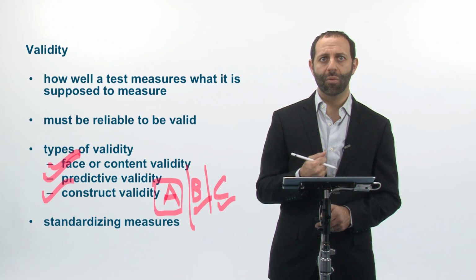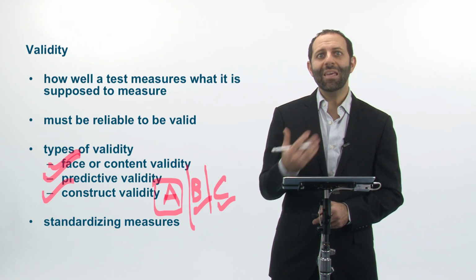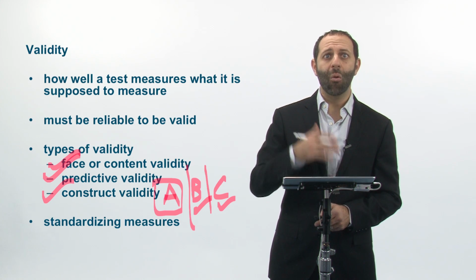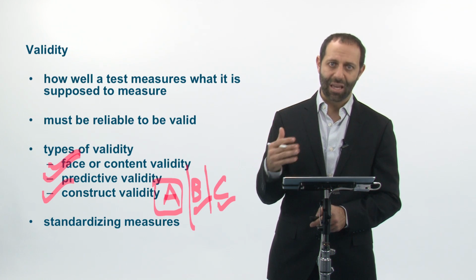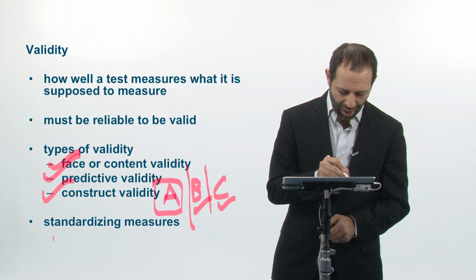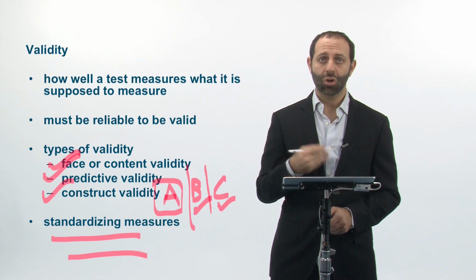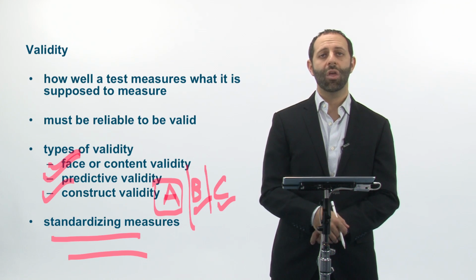Knowing how many problems I've gotten right, for example, on an intelligence test, is meaningless without knowing how well other people my age are doing on that same type of intelligence test. So that helps me to standardize the measure and determine whether it can be effective as a measurement.